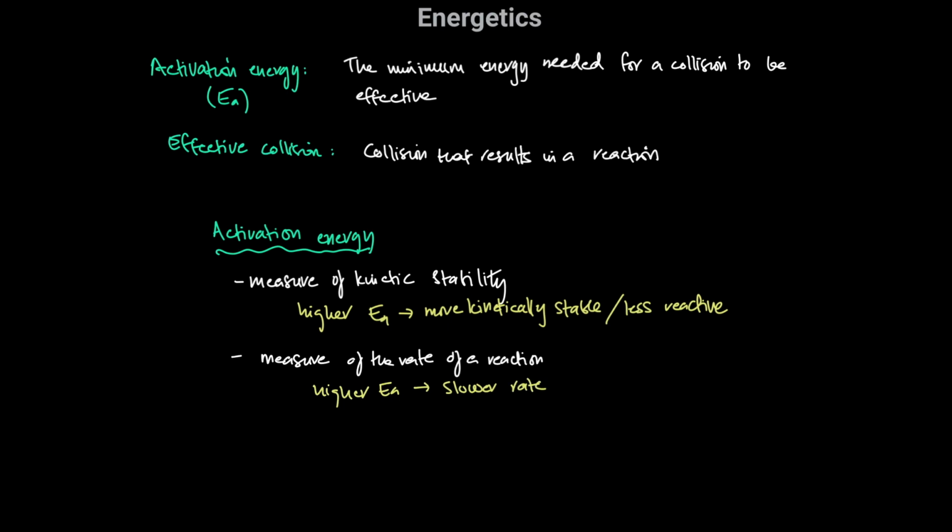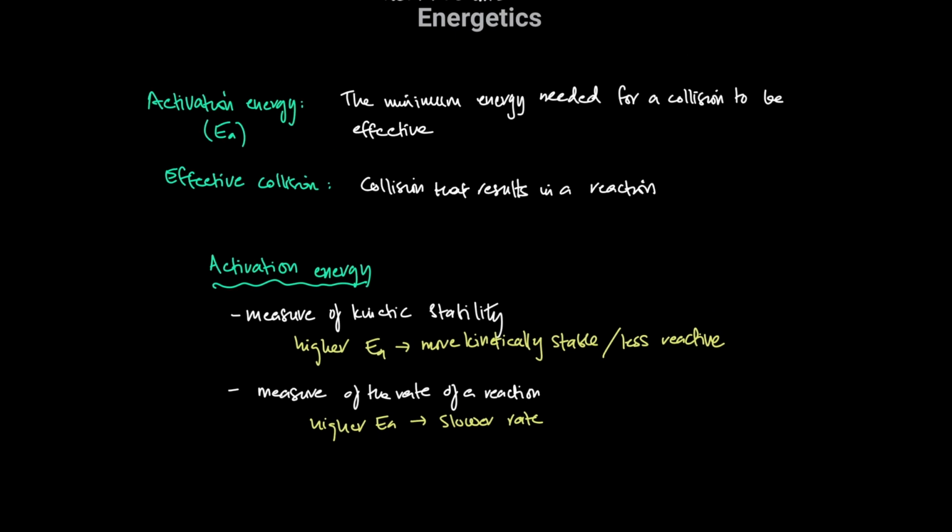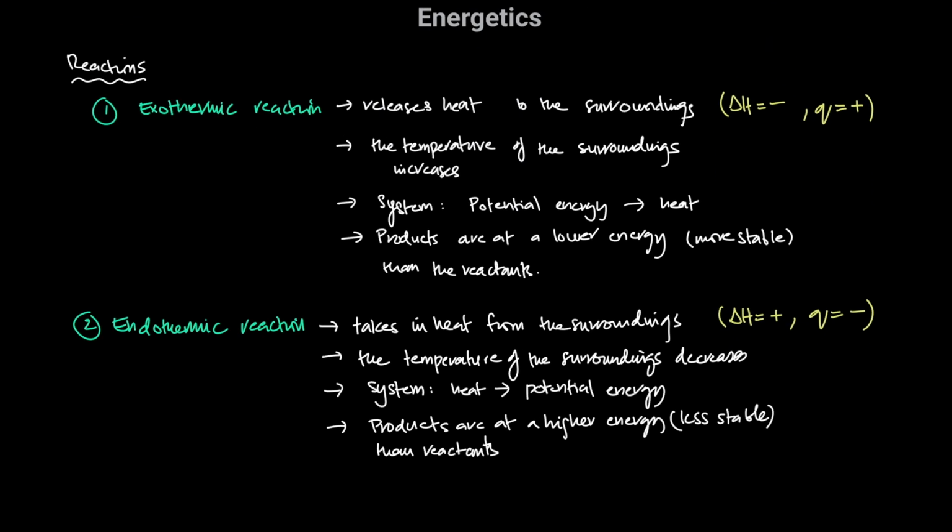When we talk about stability, there are two types of stability that we're referring to. One type is thermodynamic stability, where we're comparing the potential energy of different things. For example, in an exothermic reaction, where we said products are more stable than the reactants, we are talking about thermodynamic stability. That is a reference to the relative potential energy.